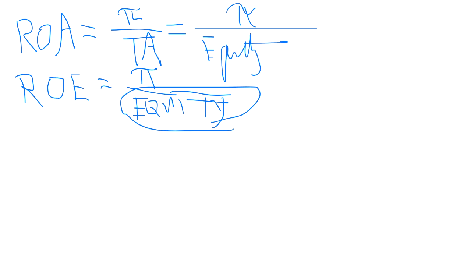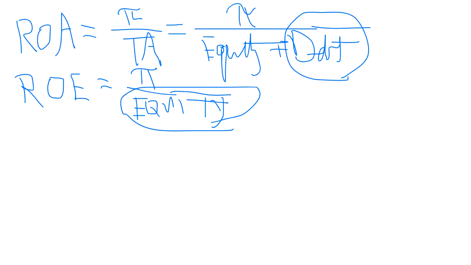So equity came from the equity holders or the shareholders. Where did the debt come from? Debt came from the debt holders or creditors or lenders or bondholders.